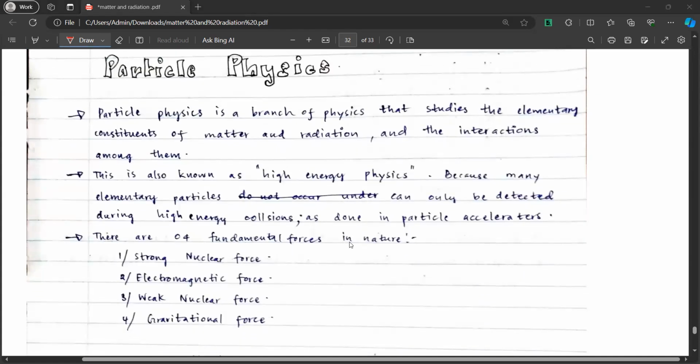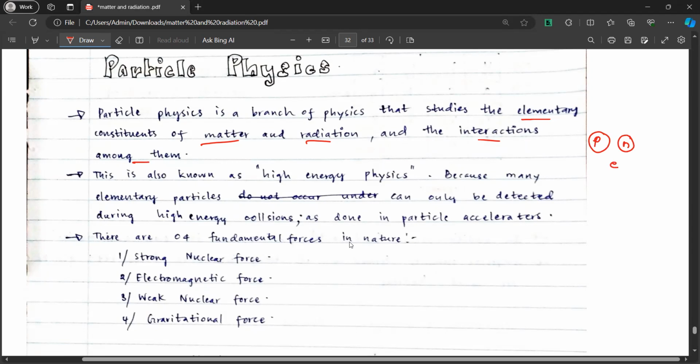So particle physics, we study the elementary constituents of matter and radiation and interactions among them. All this time, we might have thought that protons and neutrons were the smallest particles, and then electrons.